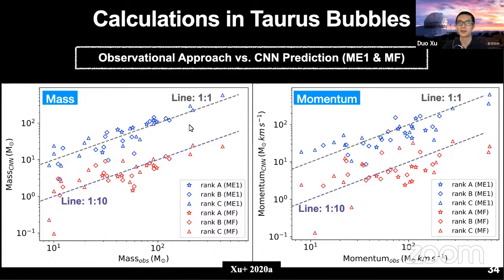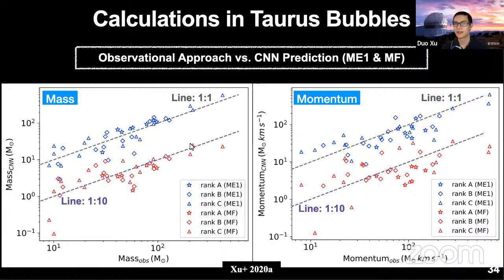However, as I mentioned before, there is contamination. There is some gas that comes from the host cloud that is not associated with feedback. After correcting for this contamination, our model predicts the mass decreases by a factor of 10. So there is an order of magnitude difference here.